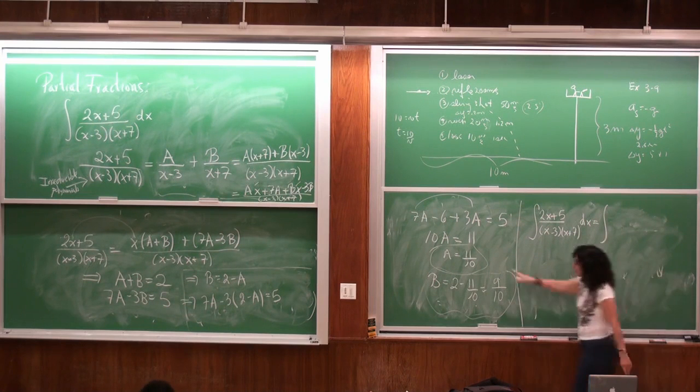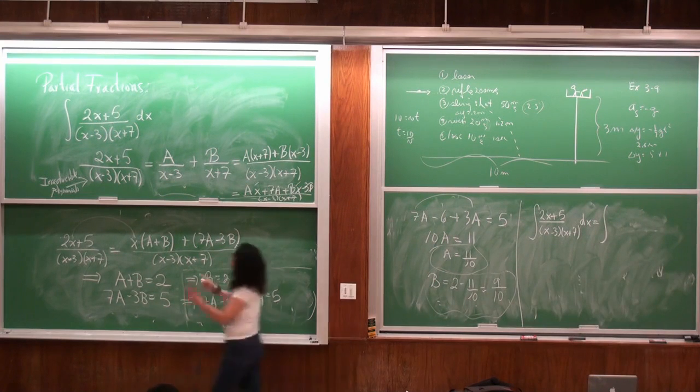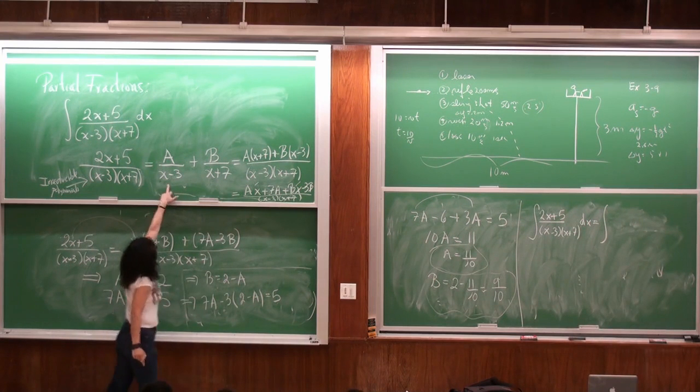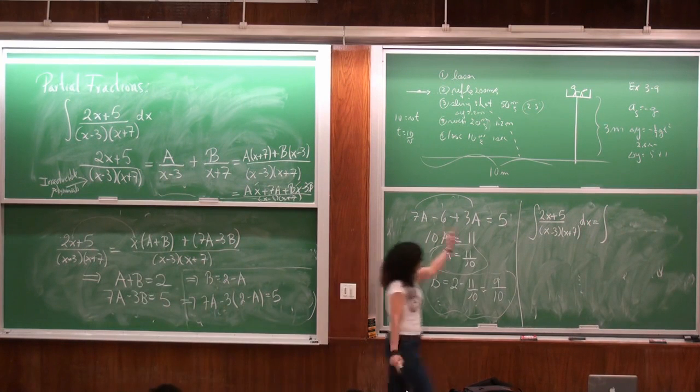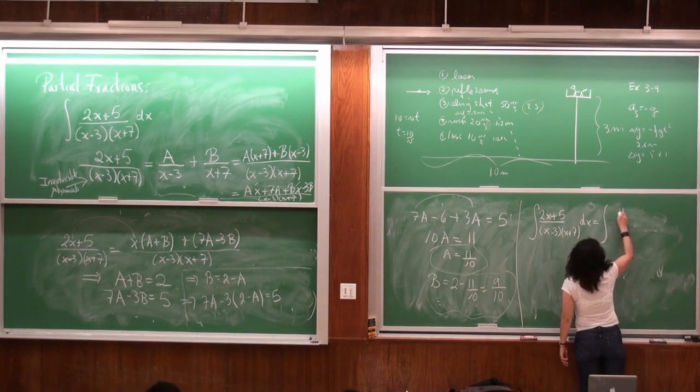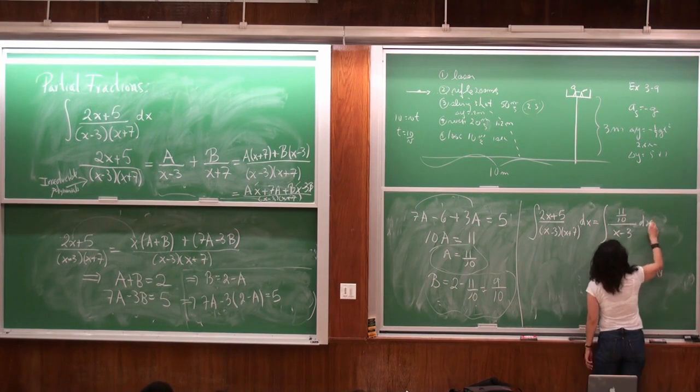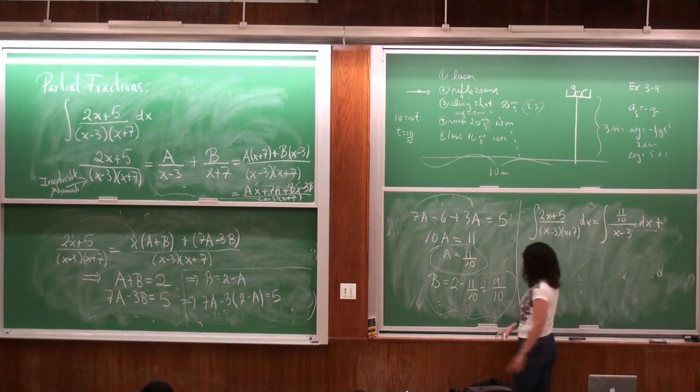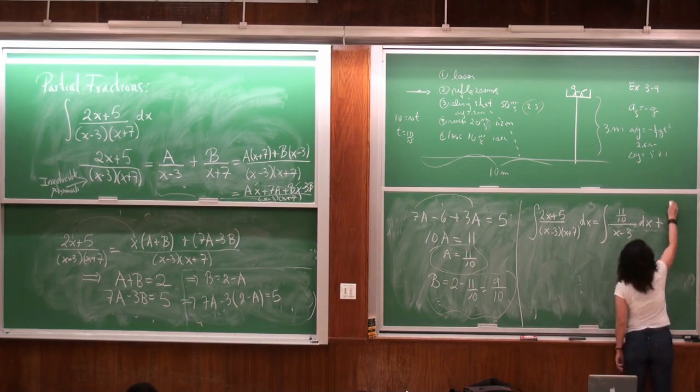Became the integral of, I just have to remember what A was, 11 tenths over x minus 3 dx plus B, which is 9 over 10, over x plus 7 dx.